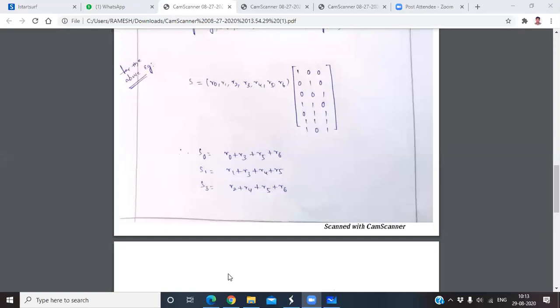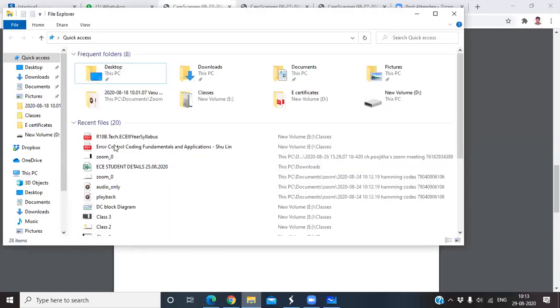S0, S1, S2. Why are all these mistakes here? Once I want to check this.